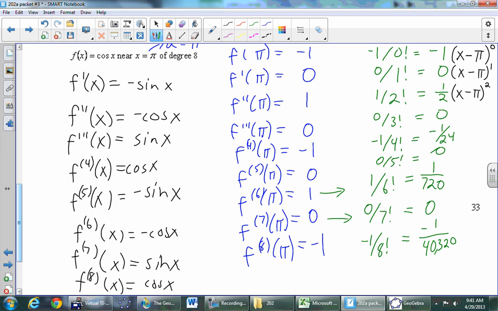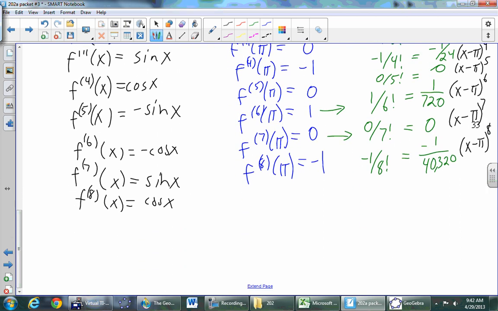So it just has to be x minus pi to the right power. Probably didn't need to go out to 8 on this one, did I? Maybe 6 is enough. X minus pi to the 8.